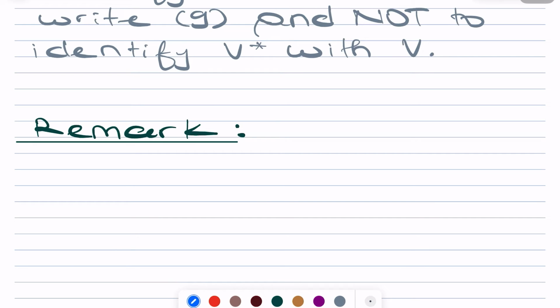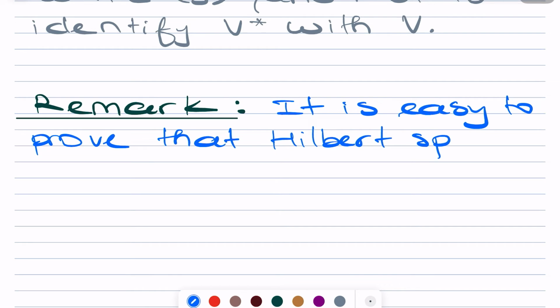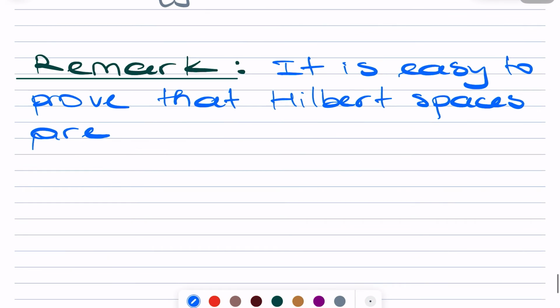It is easy to prove that Hilbert spaces are reflexive.